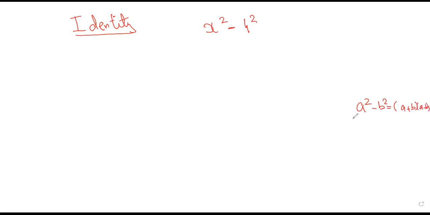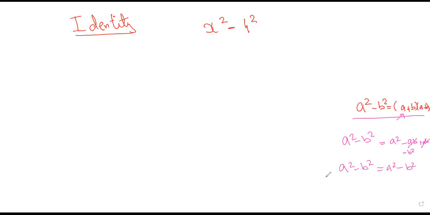So this is an identity because if I expand this side, we have a square minus b square on the left side. And if I expand this, I will get a square minus ab plus ab and then minus b square. So both the sides are same, okay? So a square minus b square equals a square minus b square.